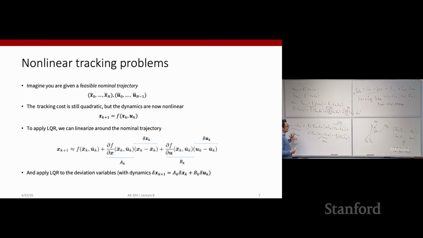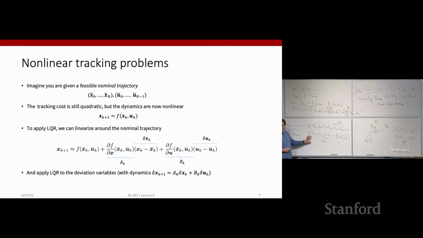But the main point here is that, as you saw, if we just use this approximation that the dynamics can be linearized, we are back to the linear setting whereby the dynamics for our deviation variables are linear.